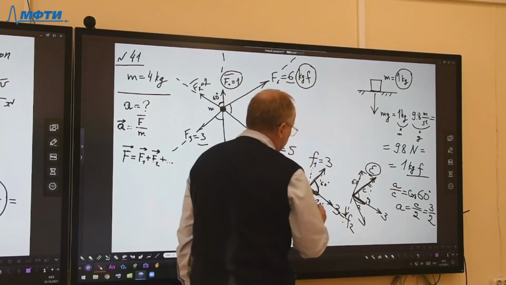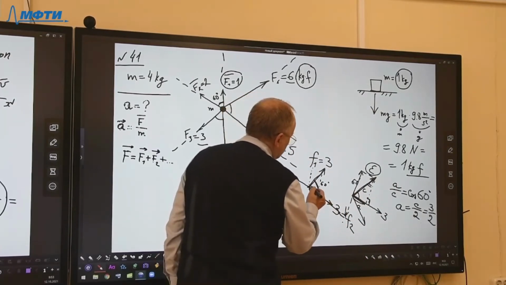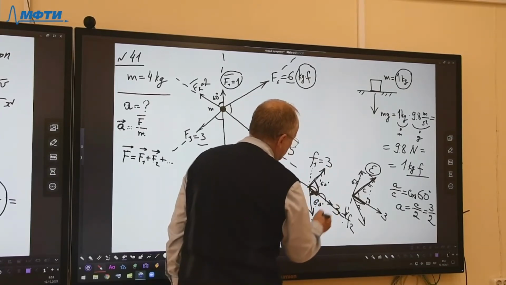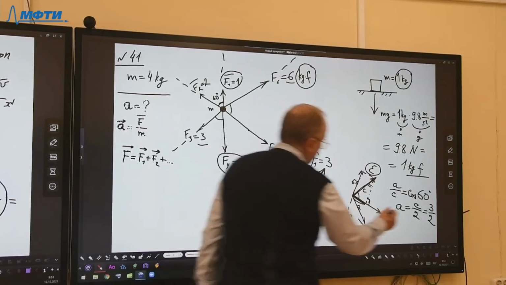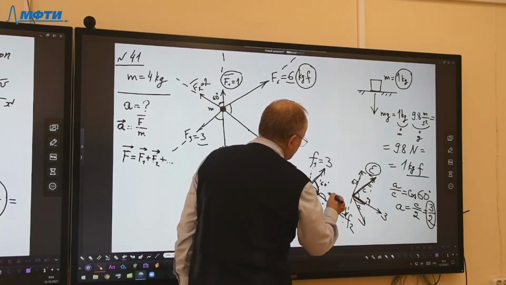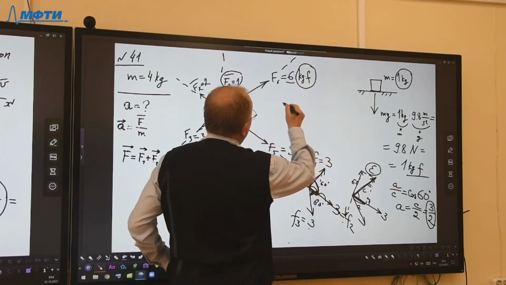So the total force acting along the force F2 will consist of two components: the component of force F1 plus the same component of force F3. And both components are equal in magnitude. Let me put it this way.